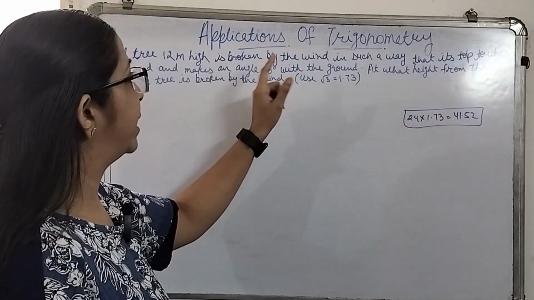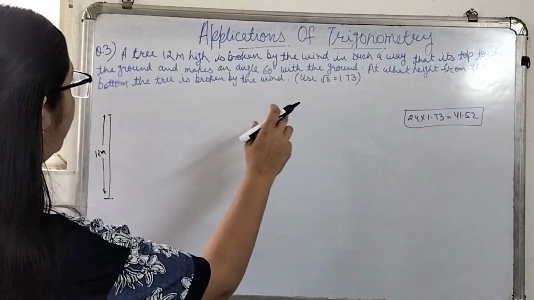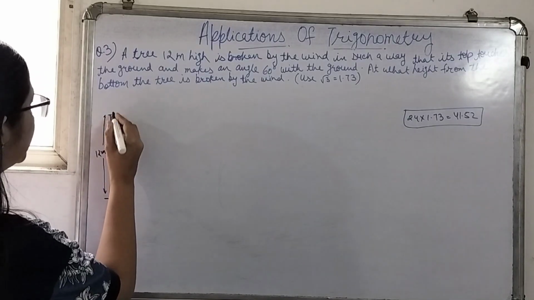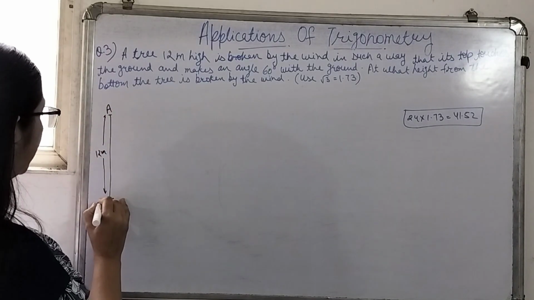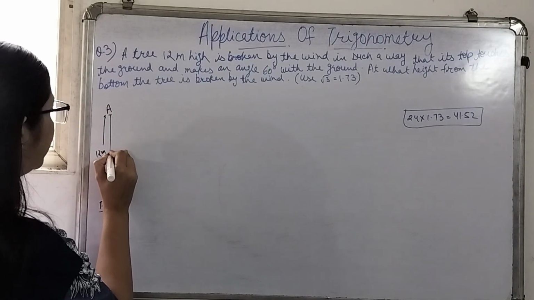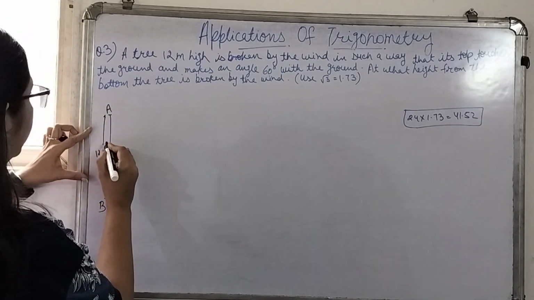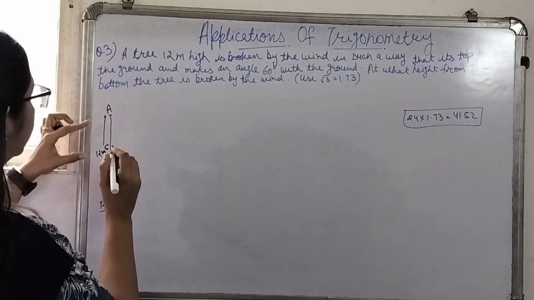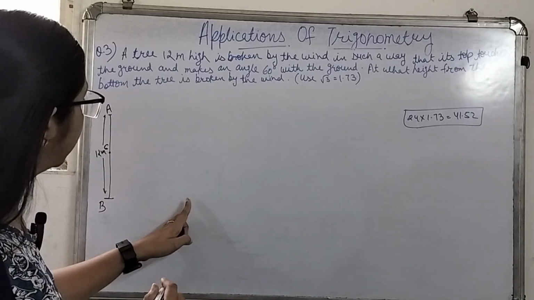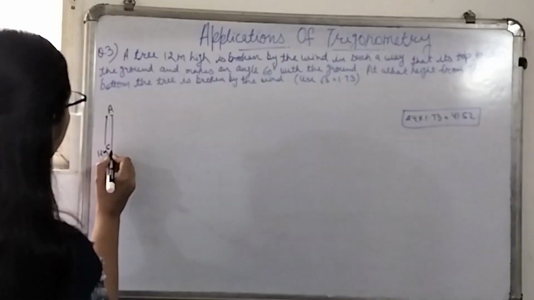Now it is broken by the wind in such a way that its top touches the ground. Suppose this is A, this is B, and somewhere from here, because of the wind, it is broken. If this is point C, then AC will be touching the ground.